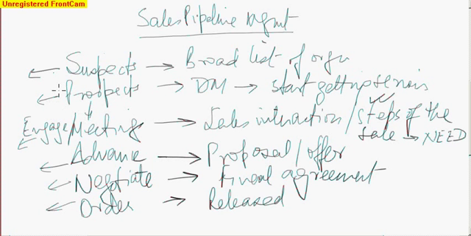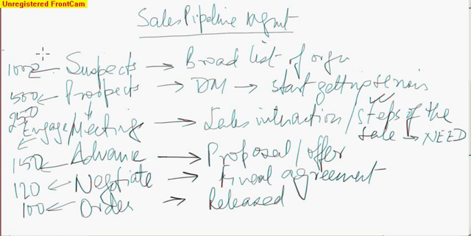It's very important that if an organization needs say 100 orders of a certain value, it must realize that they need to have a little more in the negotiation pipeline, maybe a little more in the advance pipeline, much more in the engaged pipeline, many more in the prospect pipeline, and perhaps a lot more in the suspect pipeline.